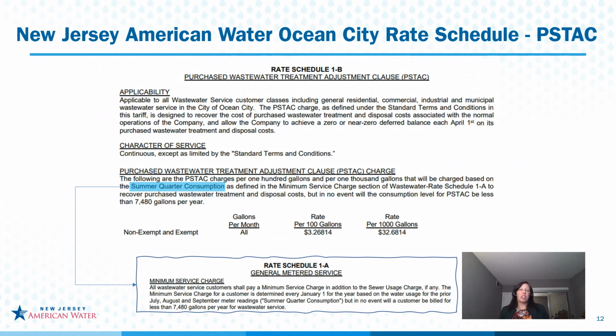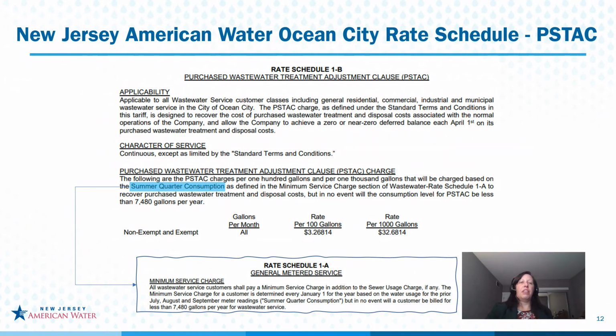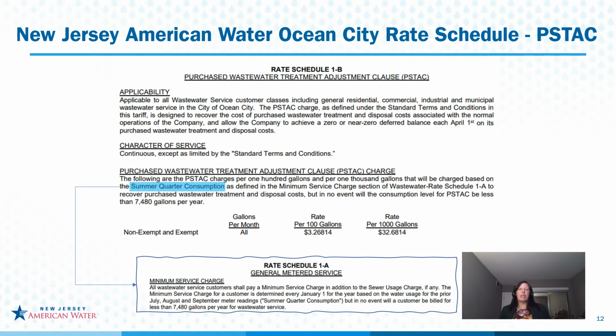These meter readings of July, August, and September have become known as the summer quarter consumption or the summer quarter. So based on these tariff pages, this summer quarter consumption is utilized to bill the New Jersey collection system service charge as well as the P-stack. And the P-stack, again, represents the CMCMUA treatment costs.